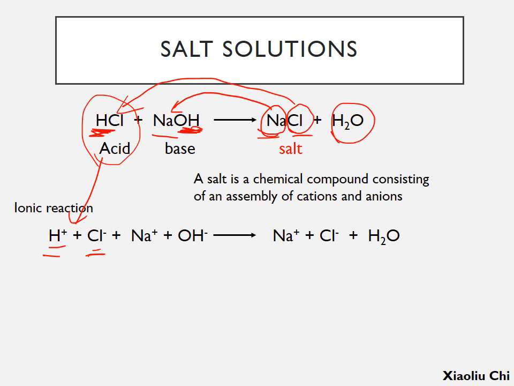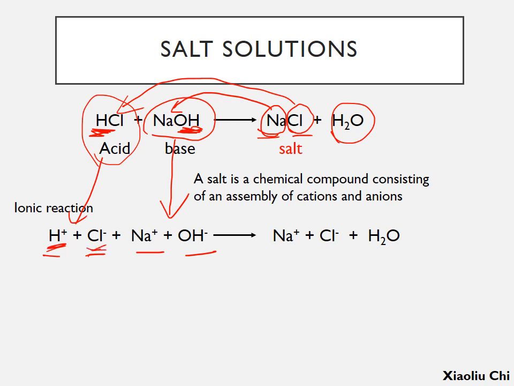Similarly, sodium hydroxide is a strong base. A strong base is a strong electrolyte, completely ionized to sodium ion and hydroxide ion. So now you see the importance of memorizing the list of strong acids and strong bases, because when you see a strong acid, you can write it as two ions, cation and anion.